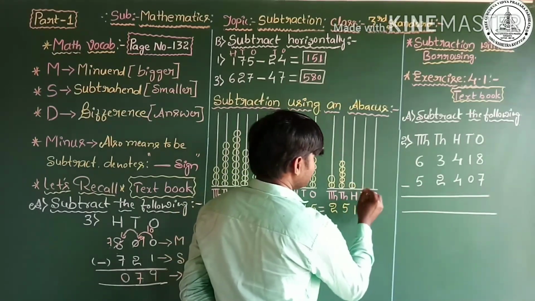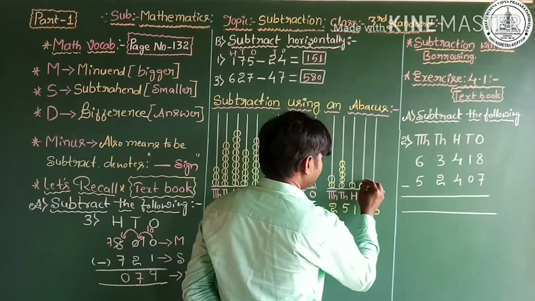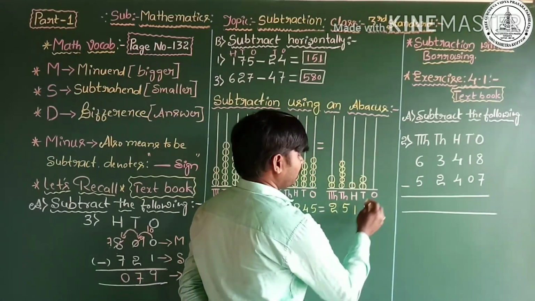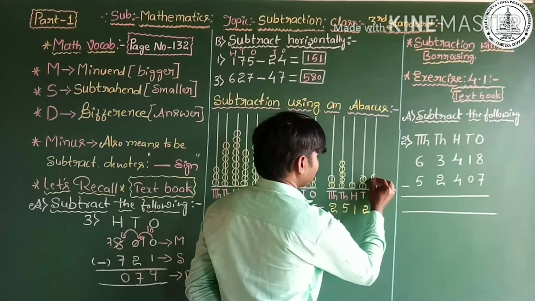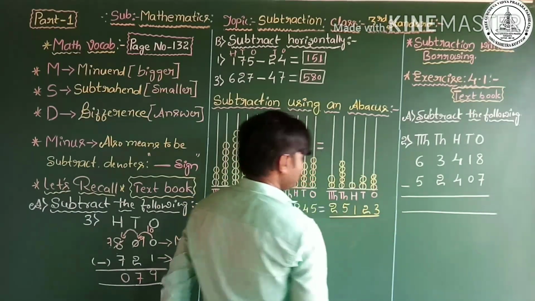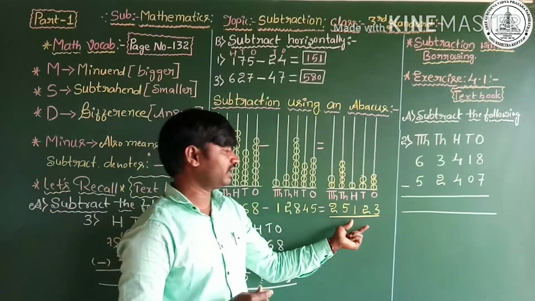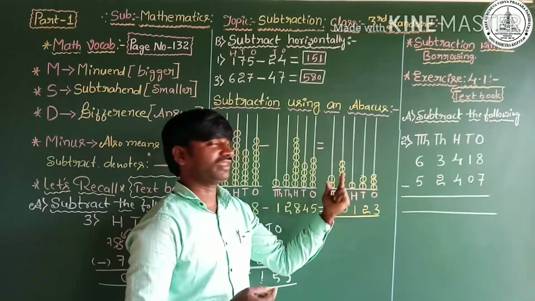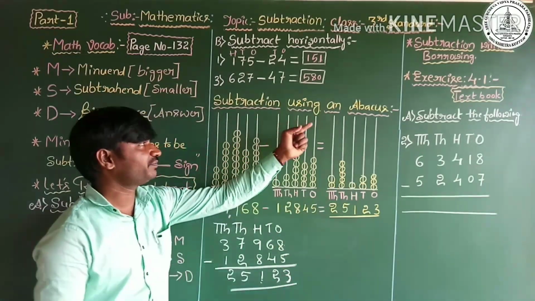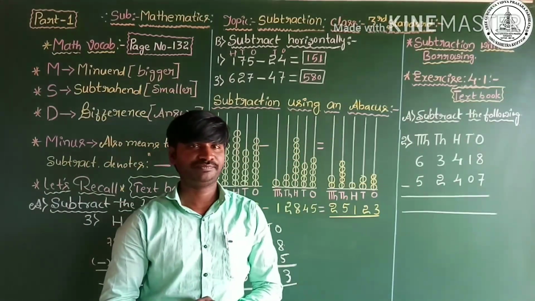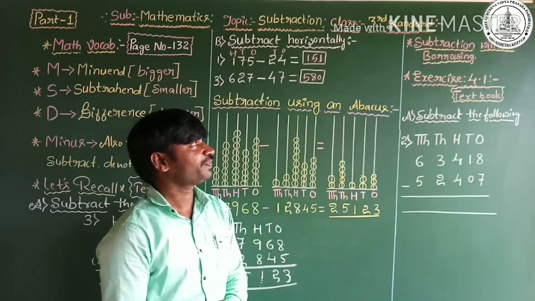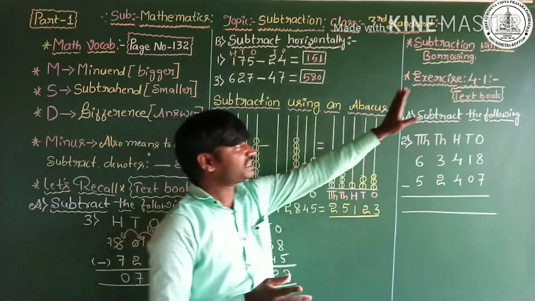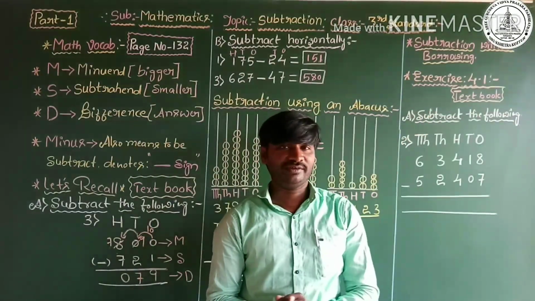The next in the tens place, 2 beads: 1 and 2. Okay, in the ones place, 3 beads: 1, 2, 3. This is your answer. 25,123 we represented on the abacus. This is the subtraction using an abacus method. Understood, dear student?